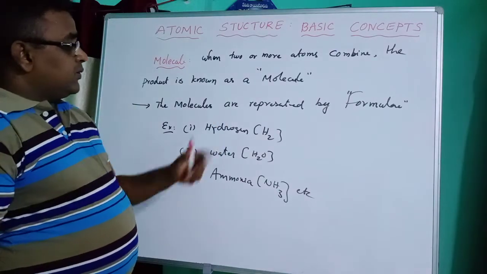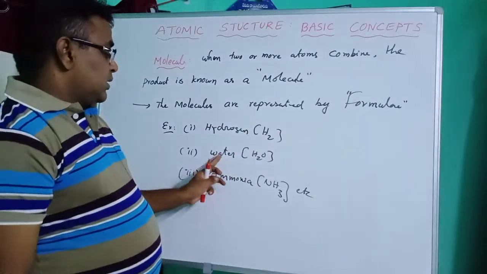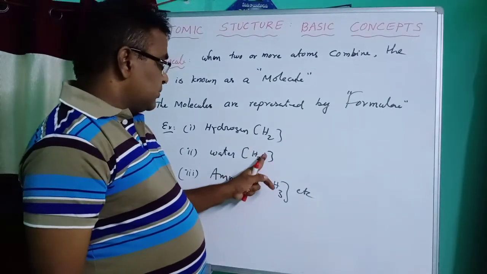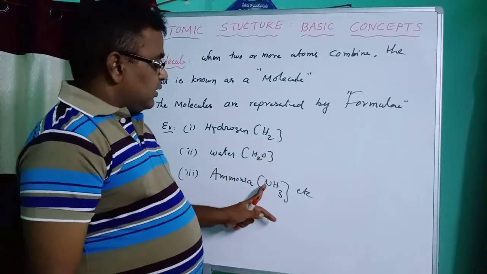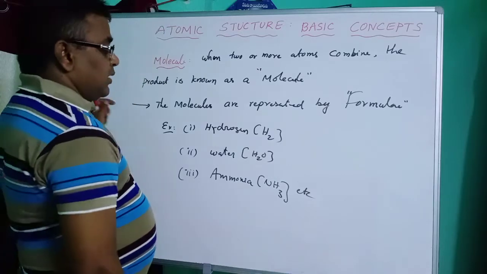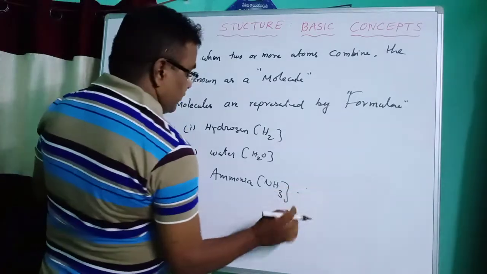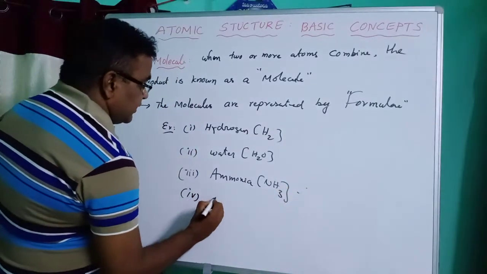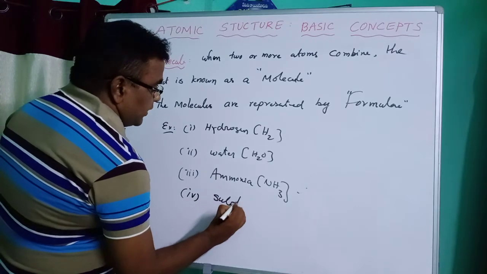So in hydrogen, 2 atoms; in water, 2 hydrogen atoms and 1 oxygen atom; in ammonia, 1 nitrogen atom and 3 hydrogen atoms, so total 4 atoms.